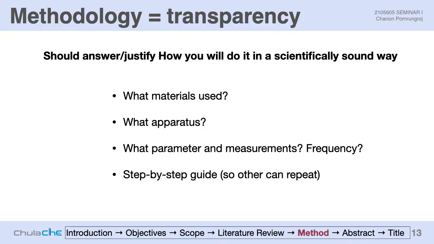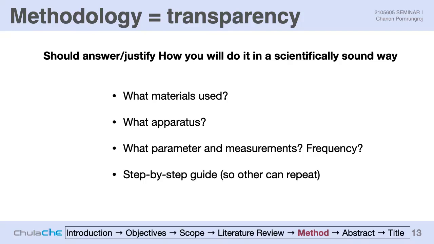Methodology. The keyword here is to be transparent. Because when you write the methodology, eventually it will end up in your paper. And when people want to repeat, they must be able to repeat. A lot of the time, people try to hide some statements. I don't agree with that. I think we should be transparent.